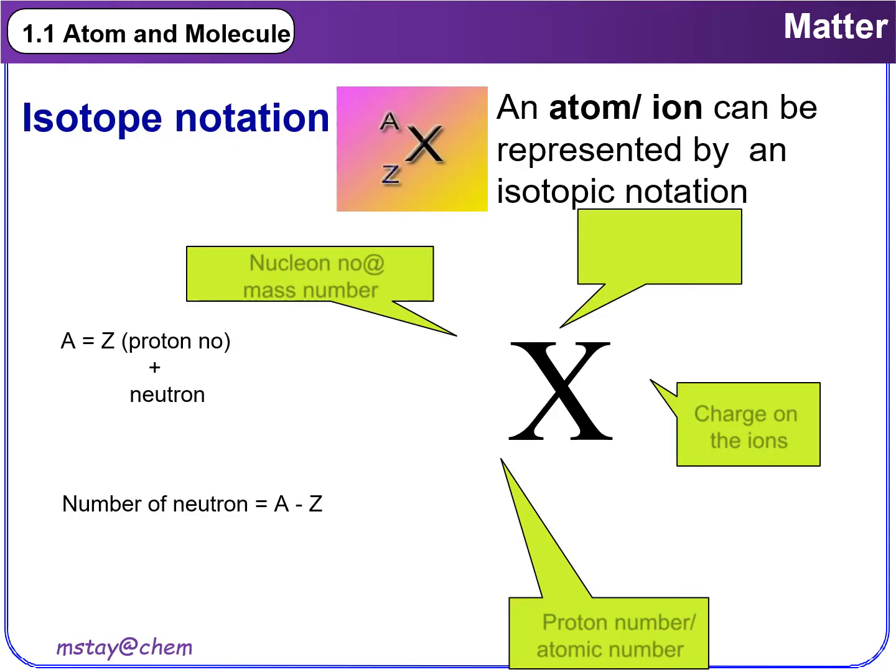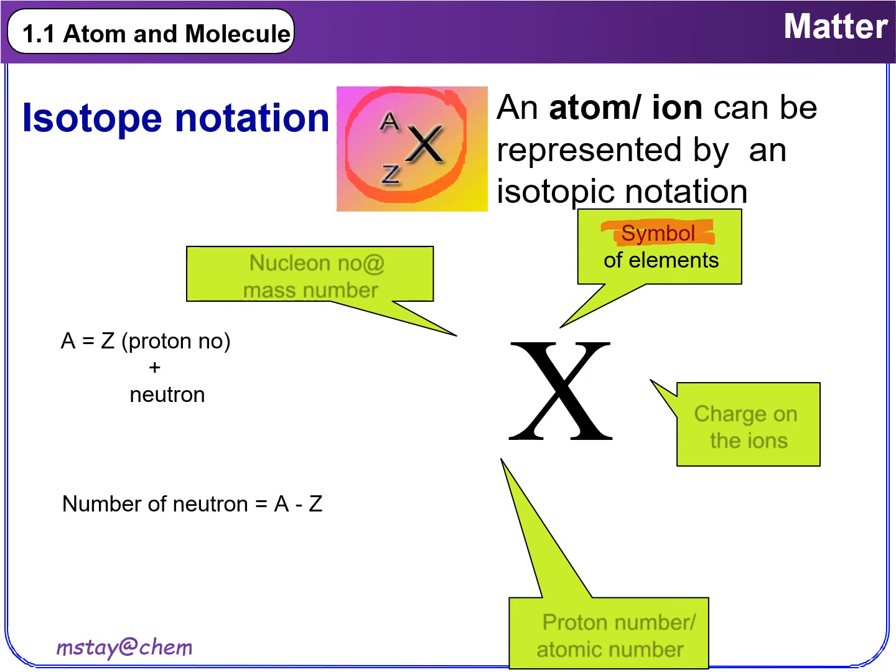Now let's look at the isotope notation. Generally, this is the isotope notation. Isotope notation contains four pieces of information. First is the symbol of the element.